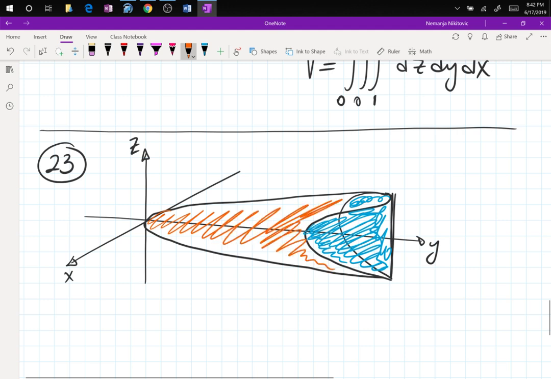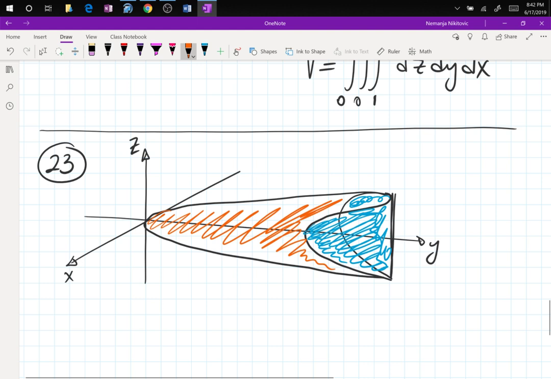I know that. So here's what the shape looks like. It's on top of the page up there. Top of the page.